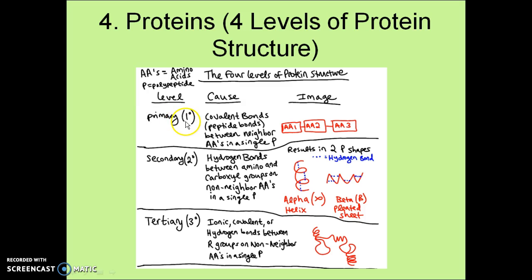The primary level of structure is just covalent bonds that form between neighboring amino acids within a single polypeptide. Remember, a single polypeptide is going to be multiple amino acids or monomers joined together in a chain. So that's just the order of amino acids, which determines our primary structure.